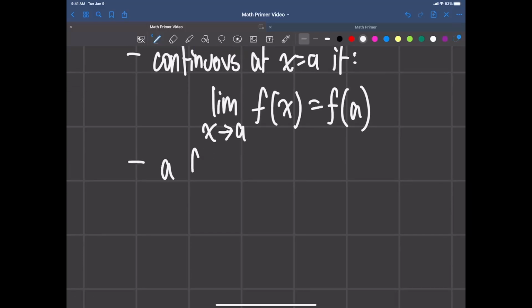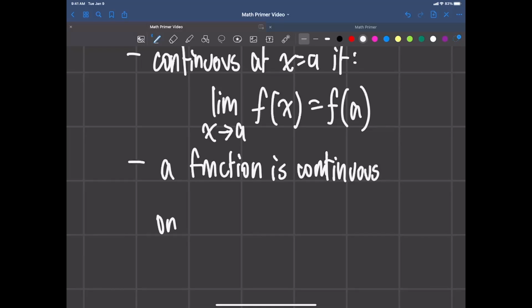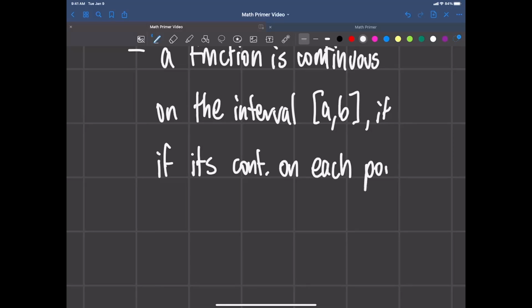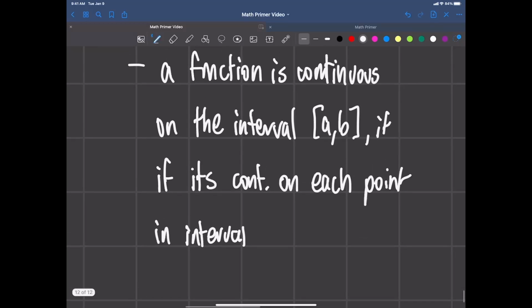We can also say that a function is continuous on the interval a, b if it's continuous on each point in the interval. We can also say that a function is continuous if it can be drawn without picking up your pencil.